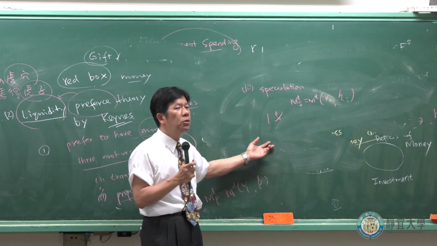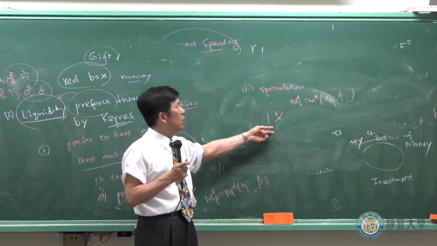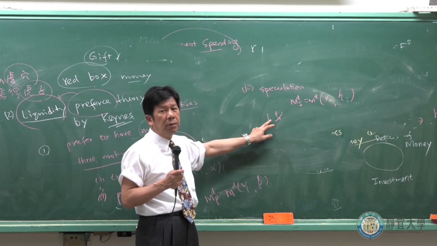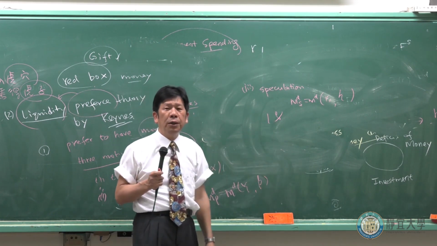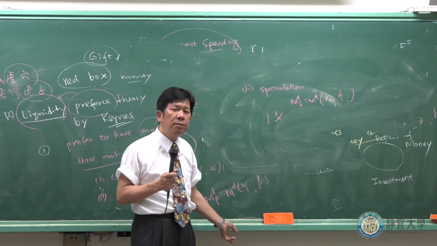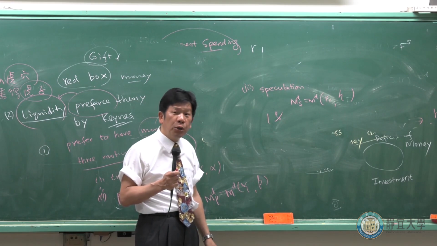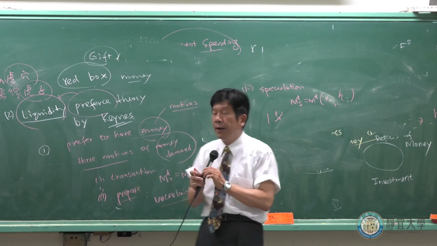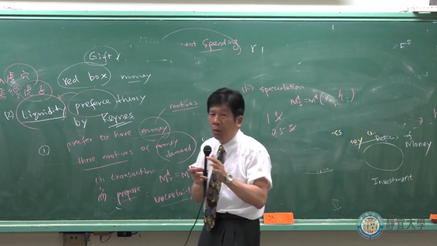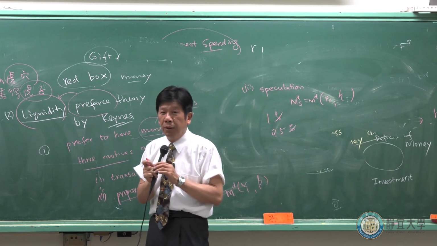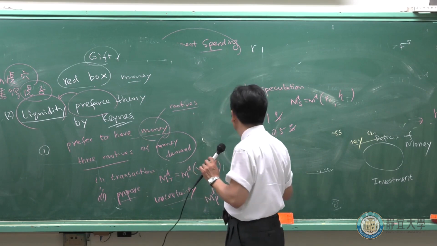Do you know your interest rate? The Taiwan rate now is just 1%. Okay? So, in Europe it is 0.25.